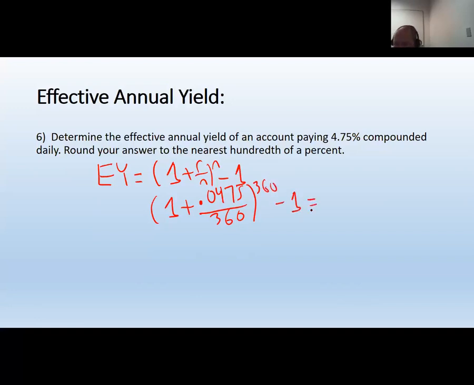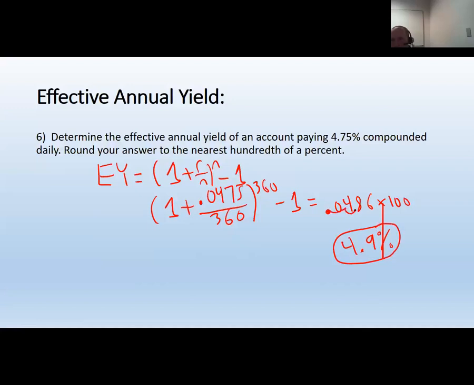And if we put this into the calculator, we end up with 0.0486, but you need to have this as a percent, so to change from a decimal to a percent, we multiply by 100, and we end up with 4.9% as the effective annual yield.